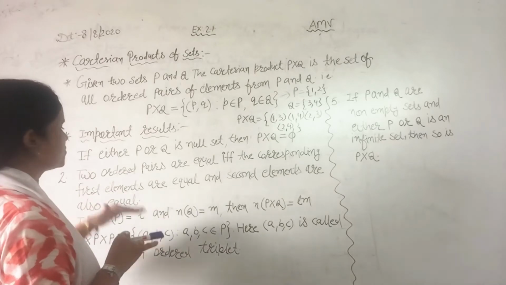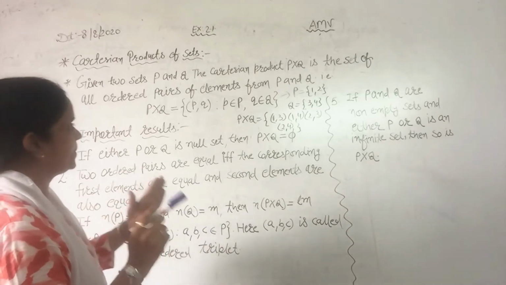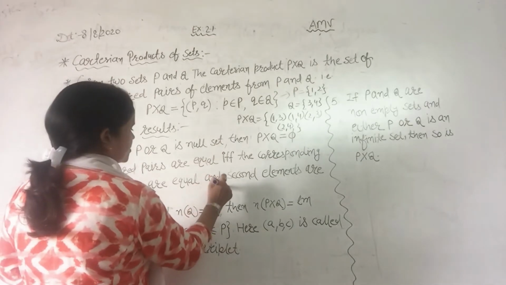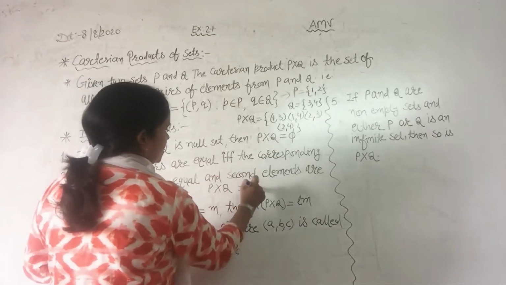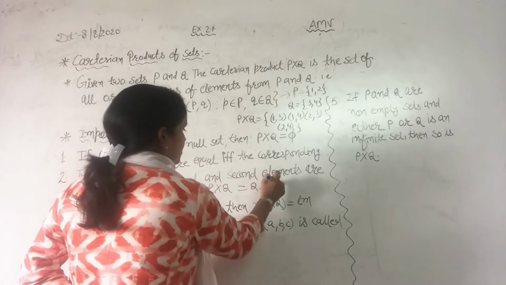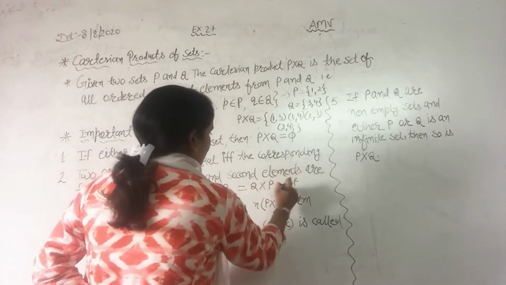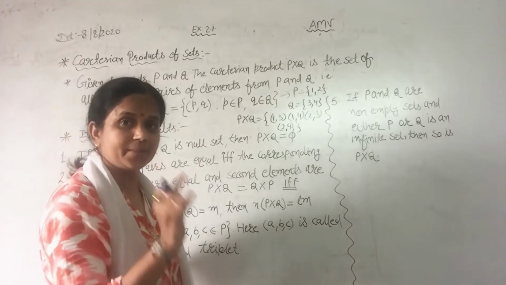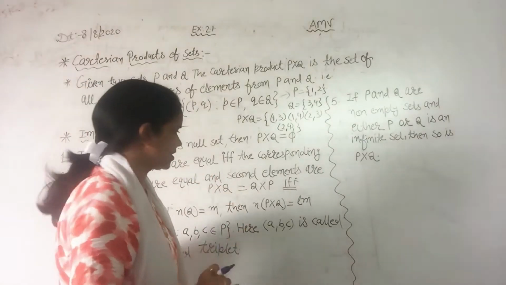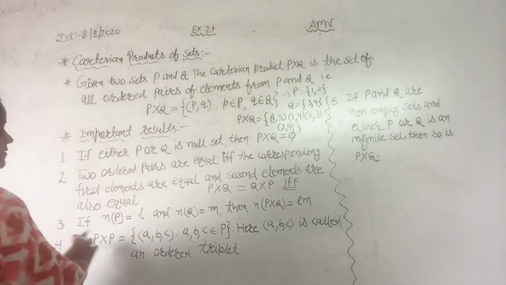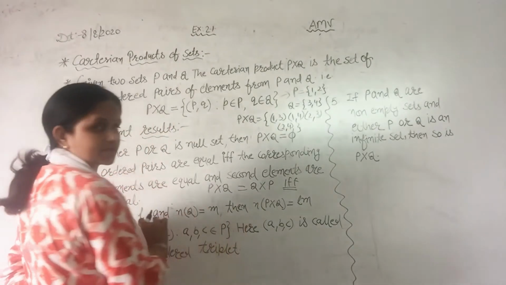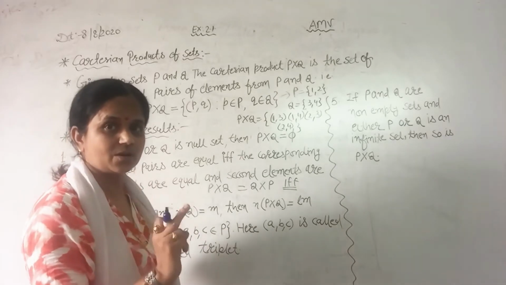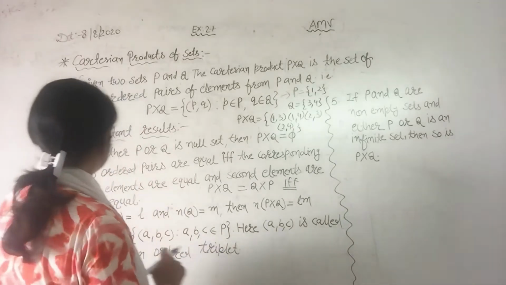It means, students, that P×Q is equal to Q×P only if the elements of the ordered pairs are equal, and otherwise not equal. It's not commutative. Cartesian product is not commutative.